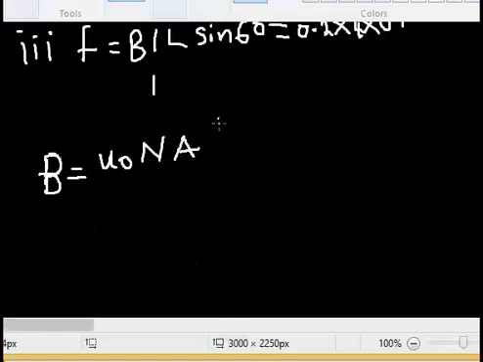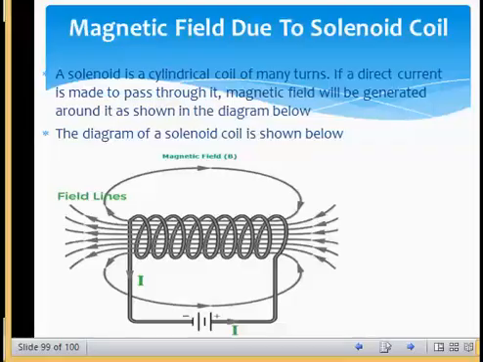This is basically it, but the emphasis is on advanced physics, so I'm not going to lay more emphasis on this now.